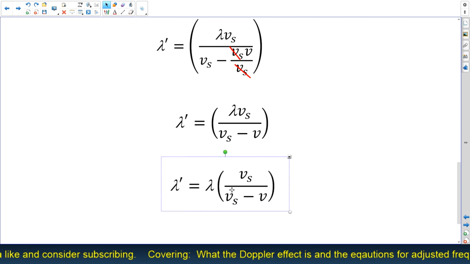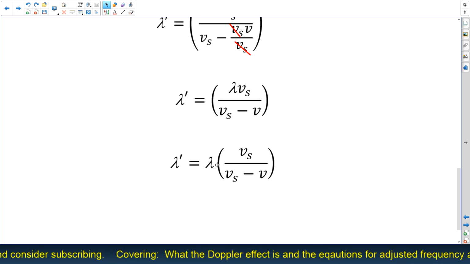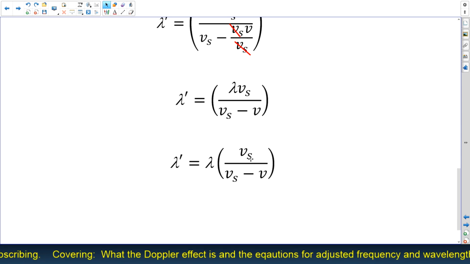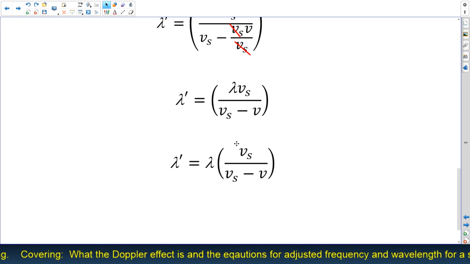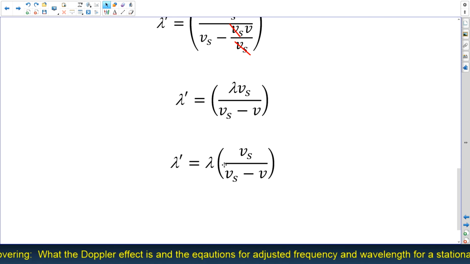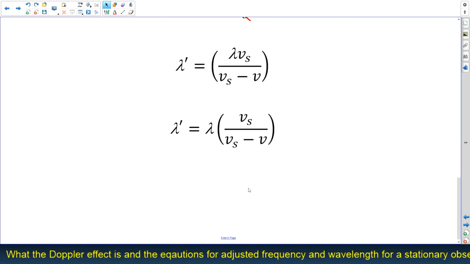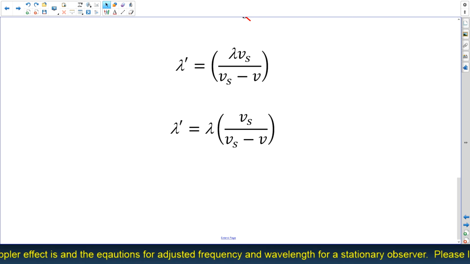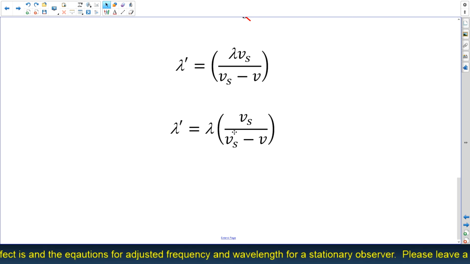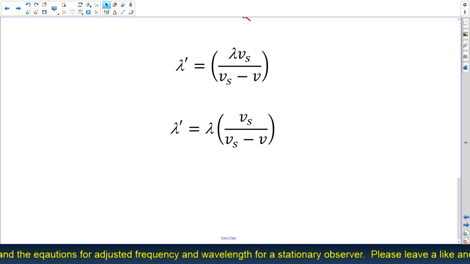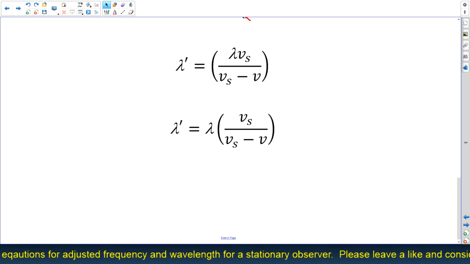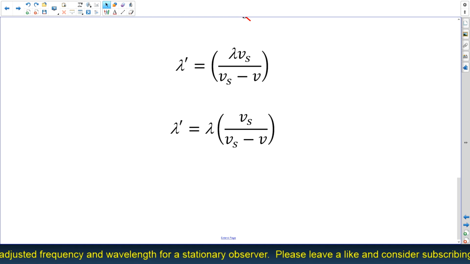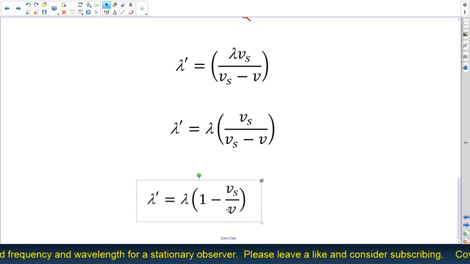And I've got this: lambda upon Vs over Vs minus V. Which is the speed of my emitter over the change in speed compared to the actual moving object. That seems like a weird equation to have, but then once I do Vs over Vs is 1, I end up with this, my final expression.